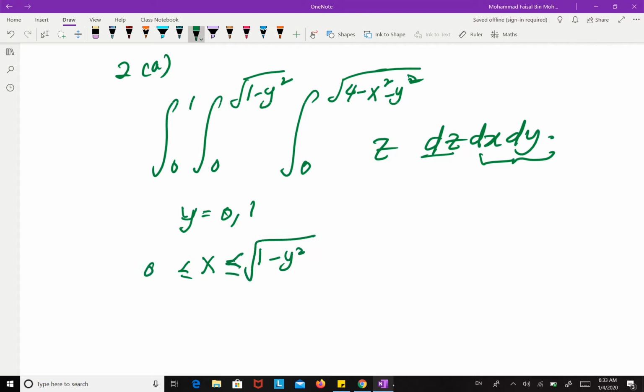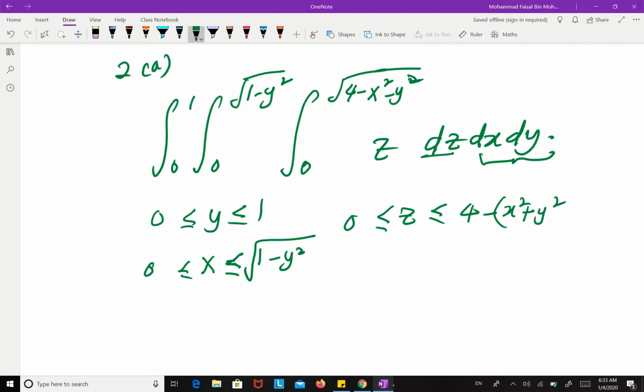So I think I should write the same pattern. The y is from 0 to 1. Then the z is from 0 to 4 minus x squared minus y squared.